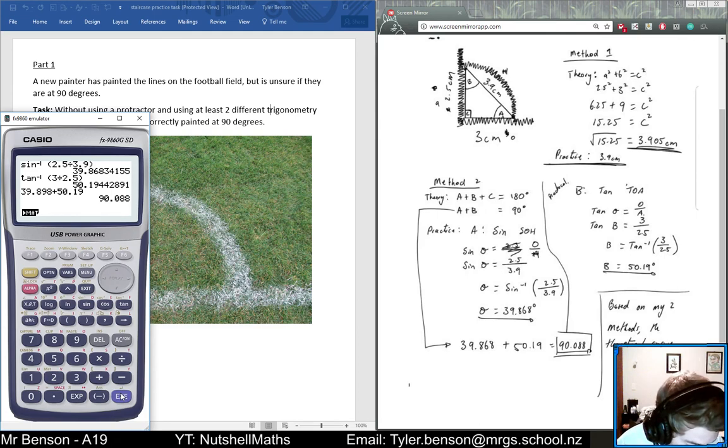The answer is very close to the practical, therefore I can conclude the triangle is 90 degrees.